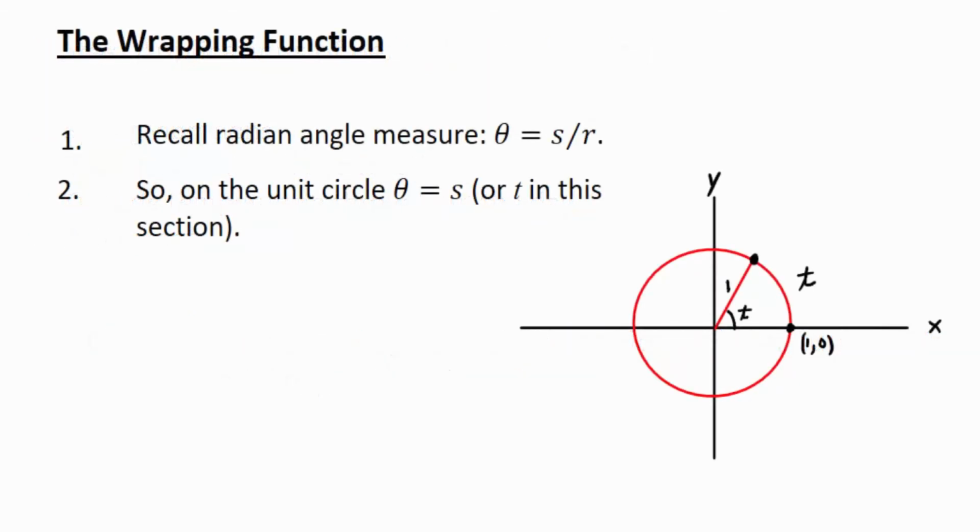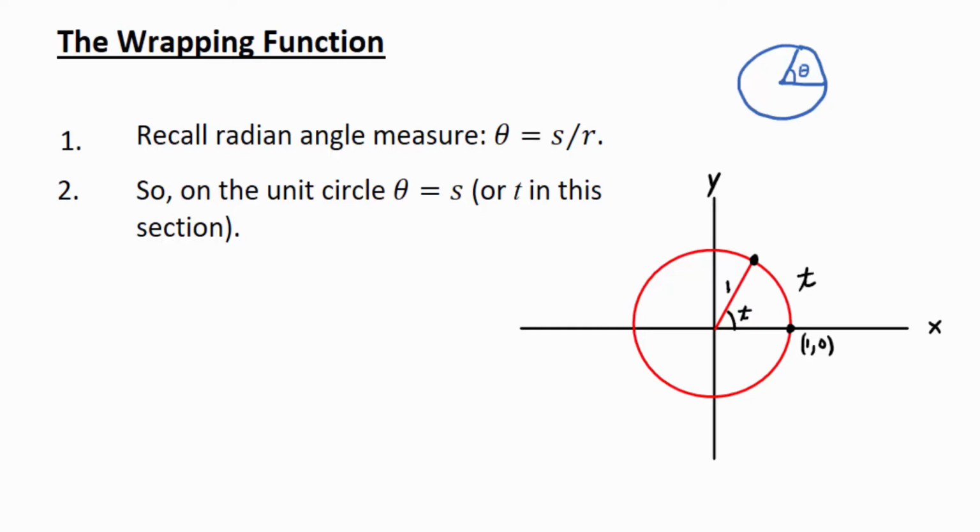Now, in order to do that, we need to talk about this idea of a wrapping function. So I want you to recall a couple of things here. The radian angle measure that we defined the other day: imagine a circle, and you take out a slice of pie, and that is the angle we're talking about.